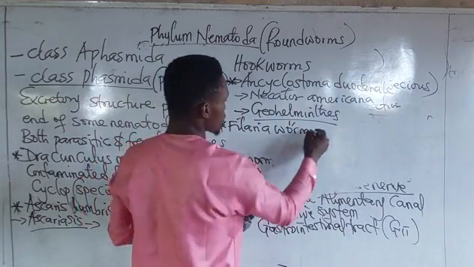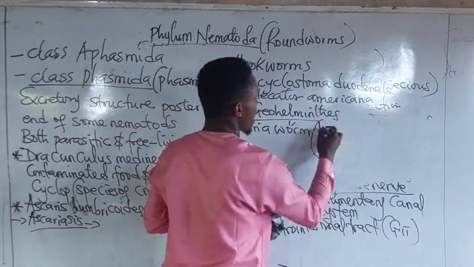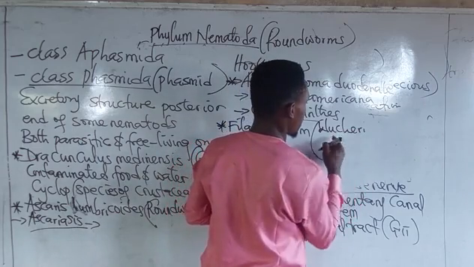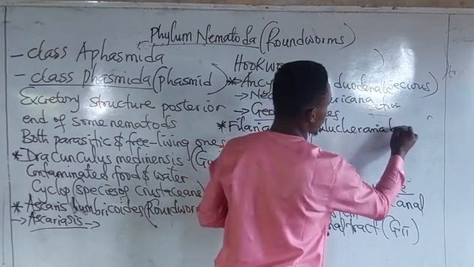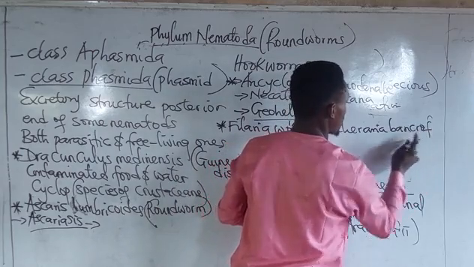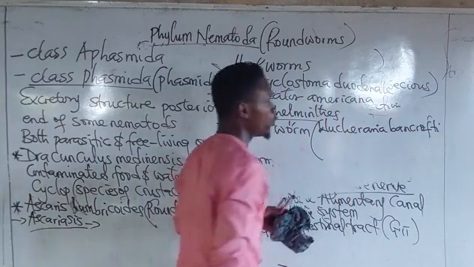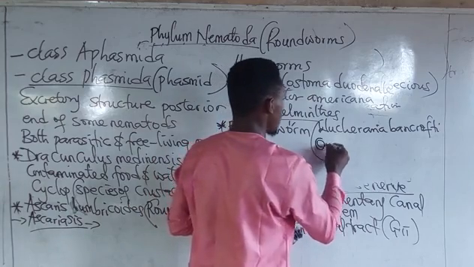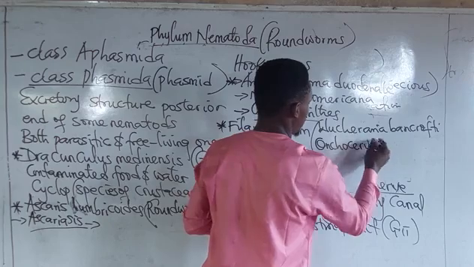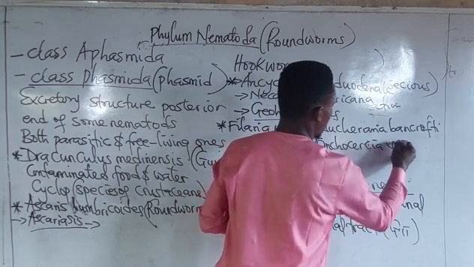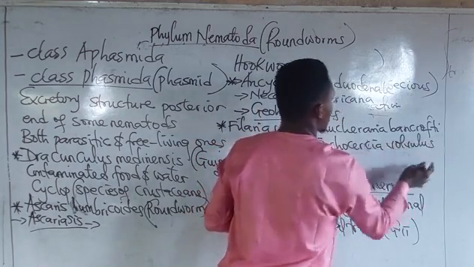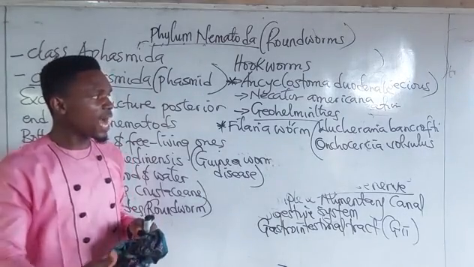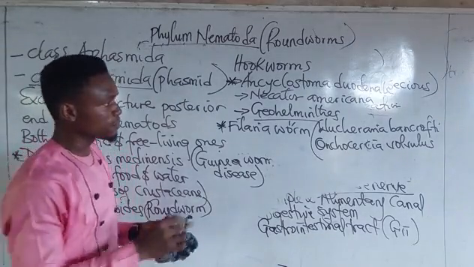These are Wuchereria bancrofti and Onchocerca volvulus. These two organisms are called filaria worms.